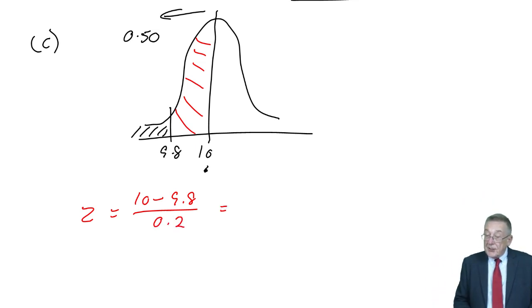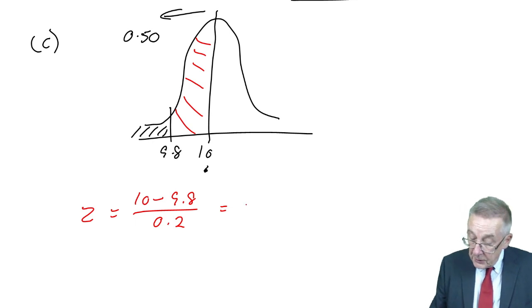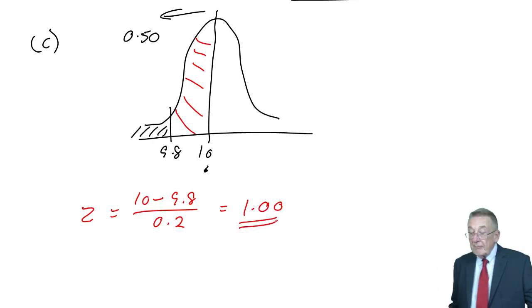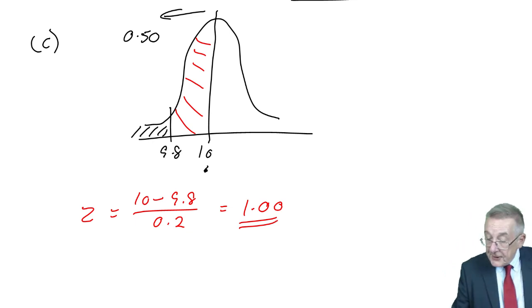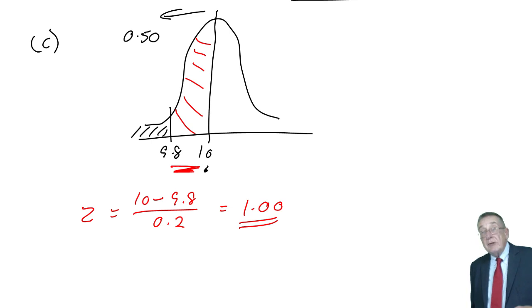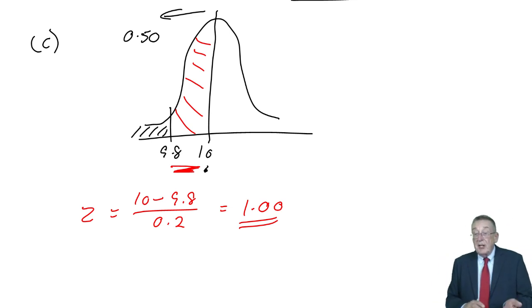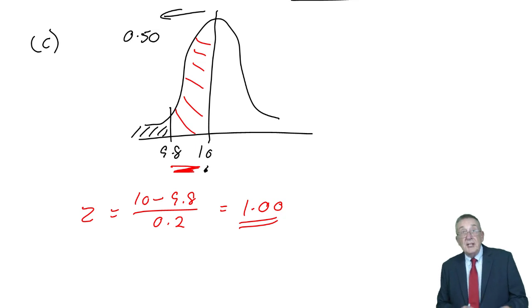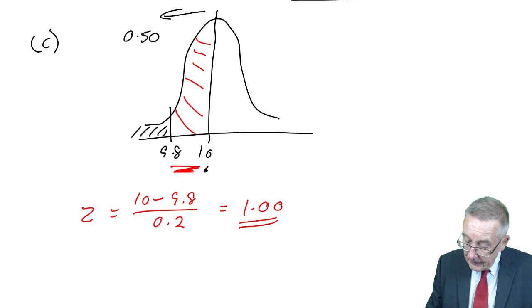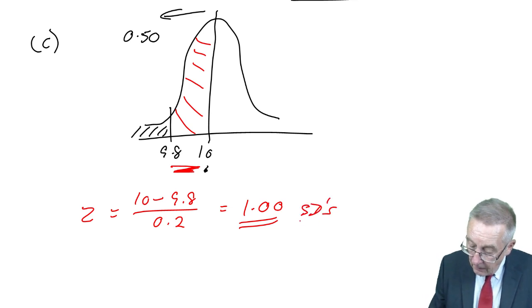And so the z-score, 0.2 divided by 0.2, is 1.00. That distance there is 1 standard deviation away from the mean. Now, because it's symmetrical, it doesn't matter whether you're 1 deviation above or below the mean.